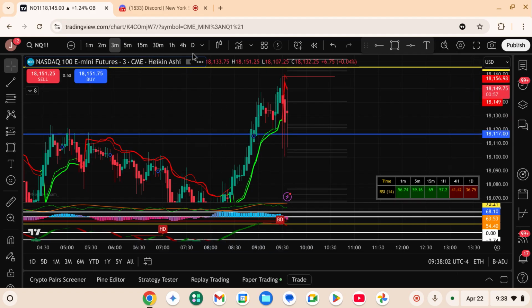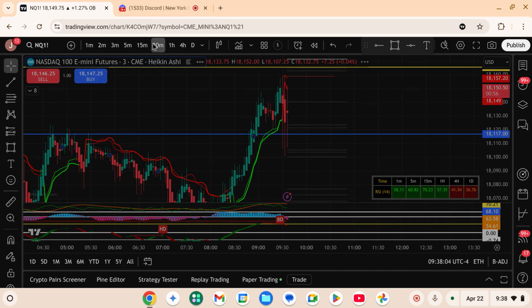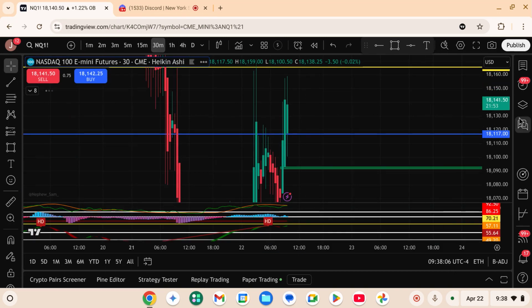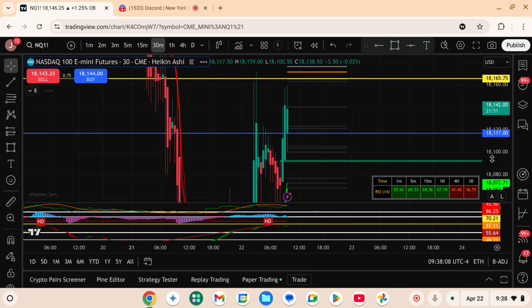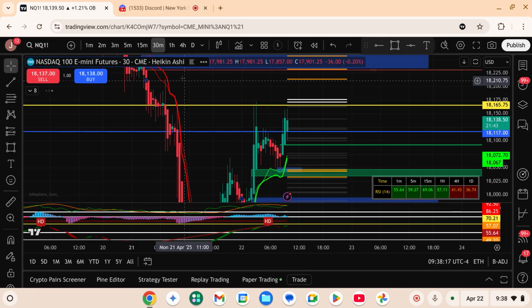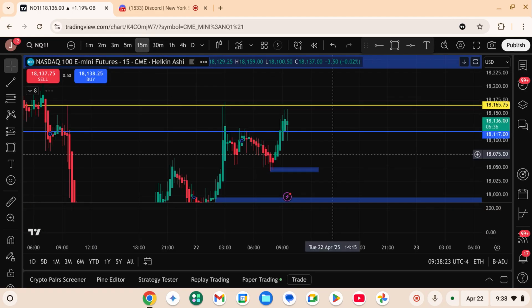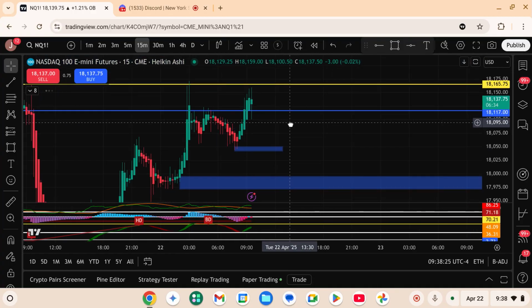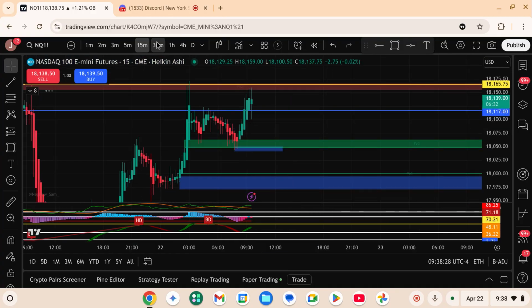Looking at those two VWAPs on a half hour, see how it's green right here. So it's still overall bullish. But if you're looking at it on a smaller time frame, it's bearish. So you want to wait for, hold on.